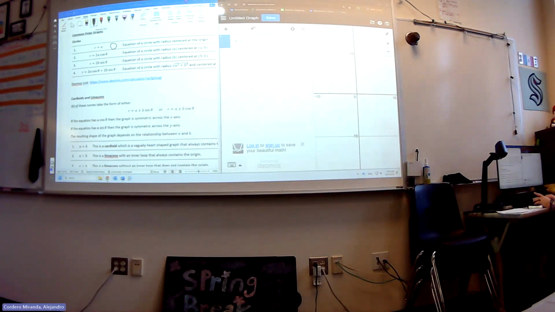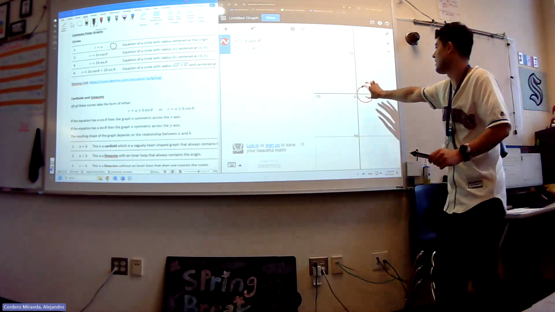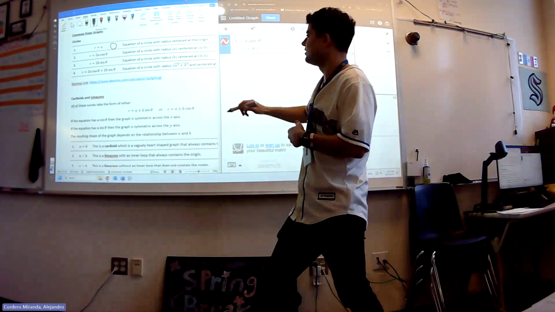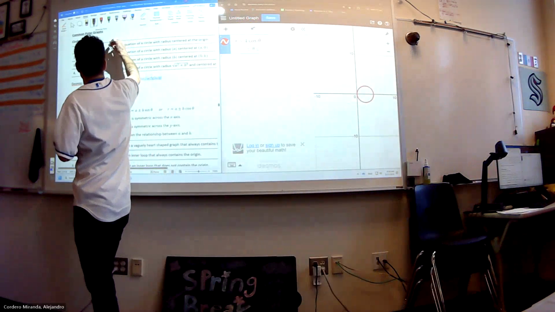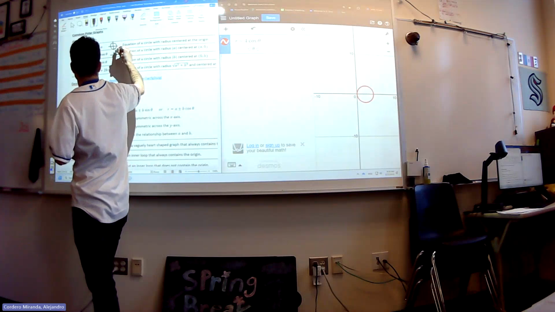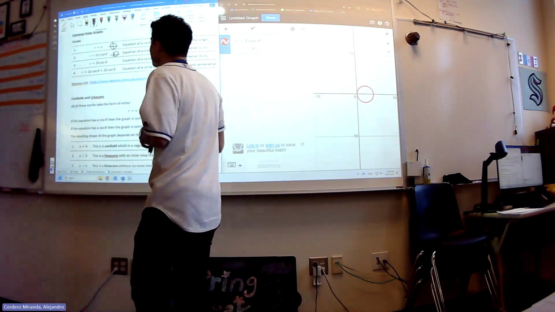So r equals 2a, so any even number, 4 cosine of theta. And that's a circle, but not centered right at the center, but off to the side like that.